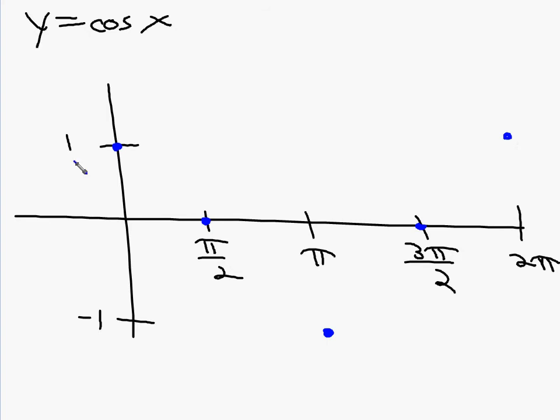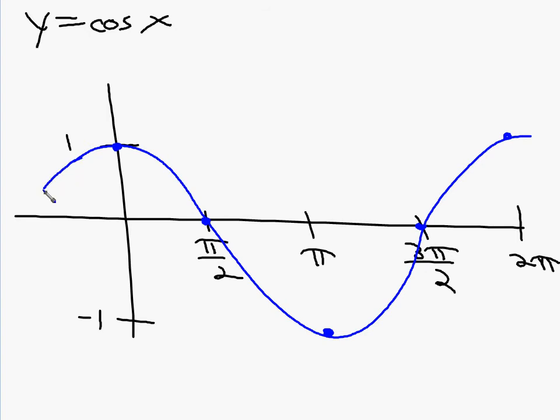So there is my cosine graph. And it is just like the sine graph. You saw all those same values showing up over and over again. This is how we graph the cosine function. We graph it from 0 to 2 pi. But just to help you understand it, cosine is exactly pi halves behind.